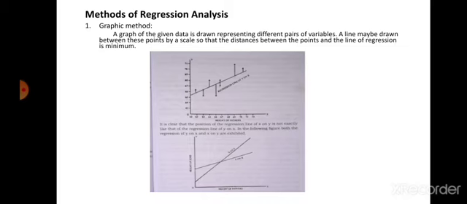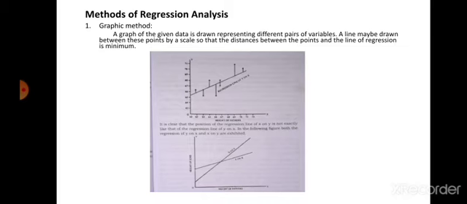When we apply this regression graphical method, different points are plotted on a graph paper representing different pairs of variables. One variable is taken along the x-axis and another variable is taken along the y-axis by taking a proper scale.